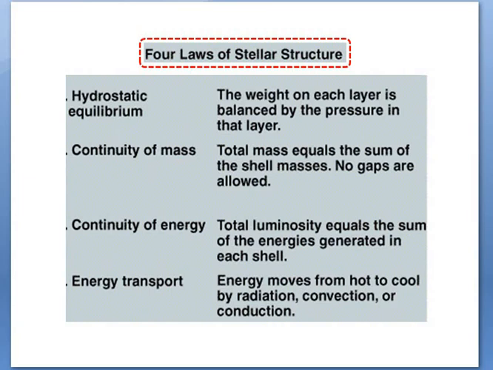equations of stellar structure. The first one is hydrostatic equilibrium, which means that the weight of each layer is balanced by the pressure in that layer. Then the equation for continuity of mass, which means that the total mass equals the sum of the shell masses, so there are no gaps between the various shells.